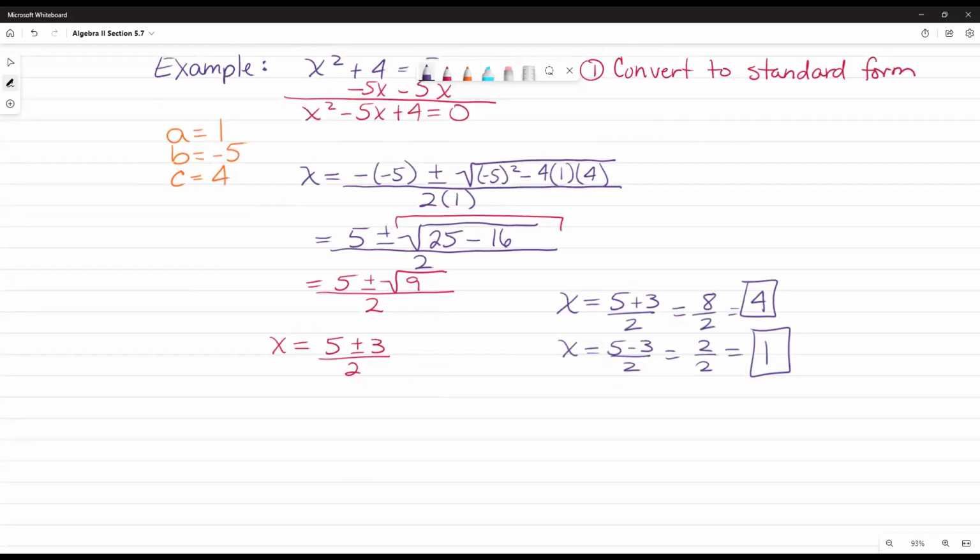Wait, that's actually 4. All right. So it's 4 and 1. Both are solutions, and of course, if you're doing it in a word problem, maybe you're going to get a range. But okay, let's look at another example.